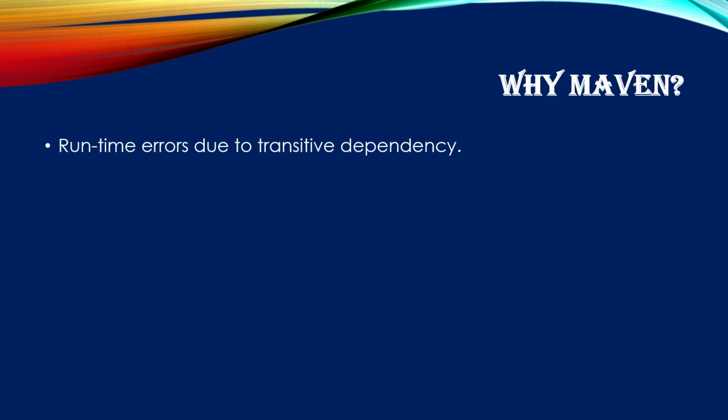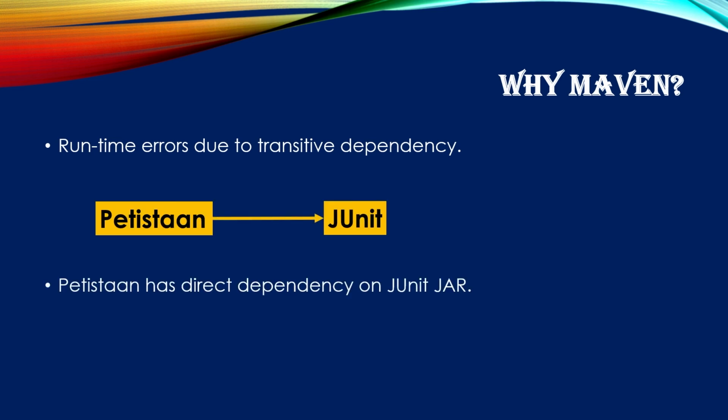Another issue is that there are transitive dependencies. While running the code, I know that my Petistaan depends on JUnit because I'm using test cases. So I just downloaded the JUnit jar. Luckily Eclipse provided it. Otherwise, if Eclipse won't provide, I will go to the Maven repository and download the JUnit jar.